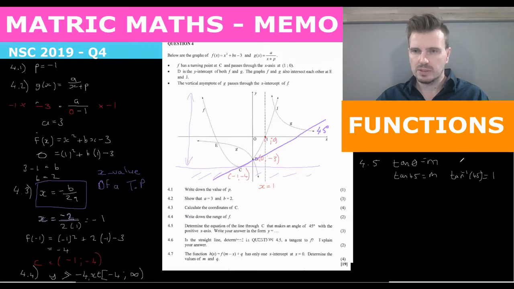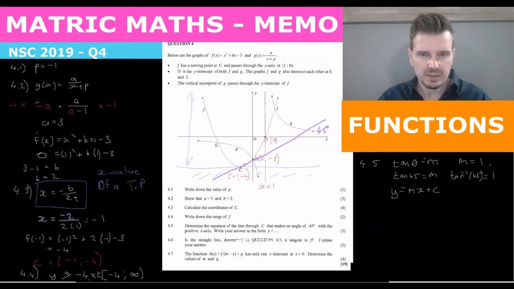So we know that m is equal to 1. Okay, so we've got the gradient and we've got a point on that graph. And so we know the general formula for a graph is y equals mx plus c. We now know that m is 1. We can substitute in the point C, which is -1 and -4.